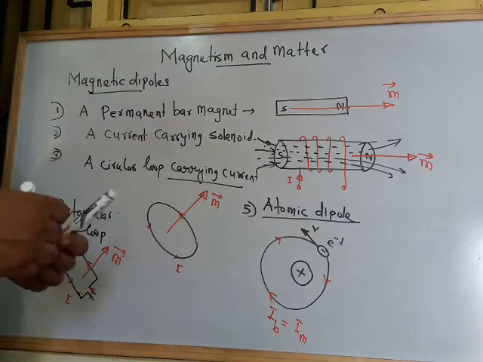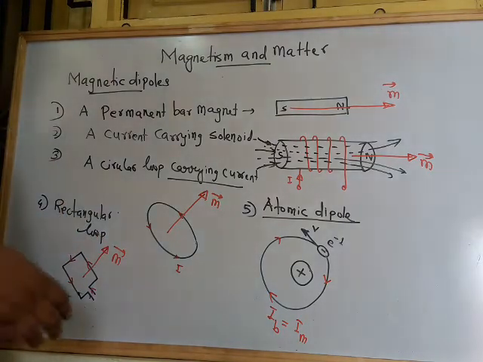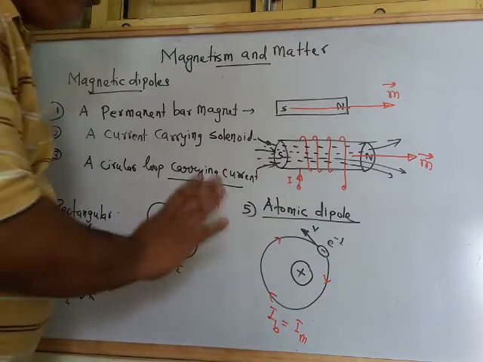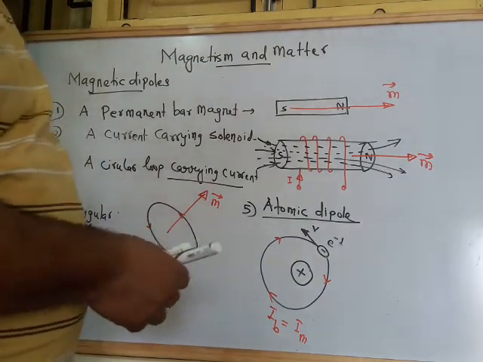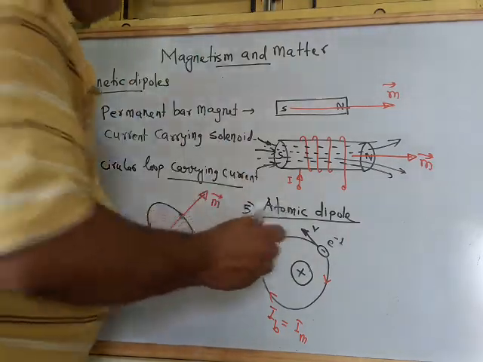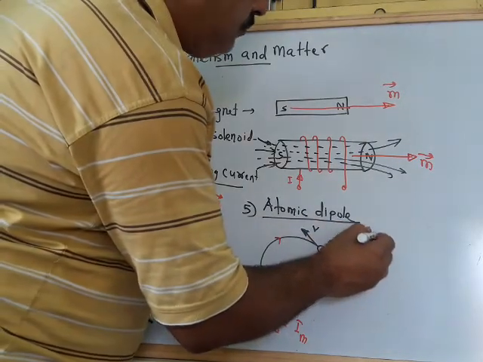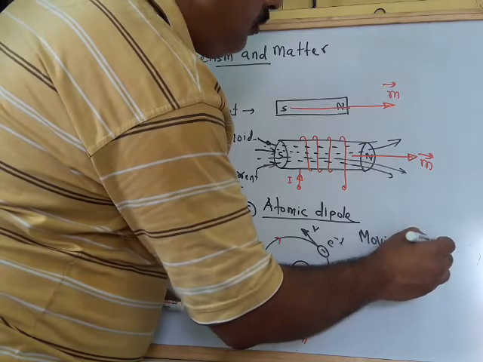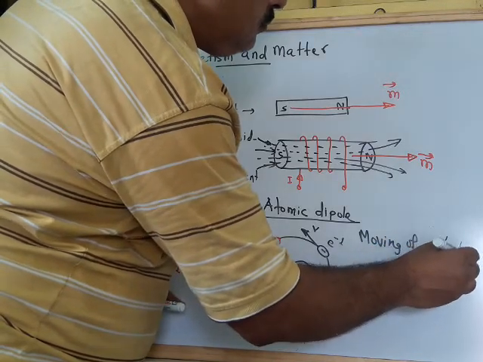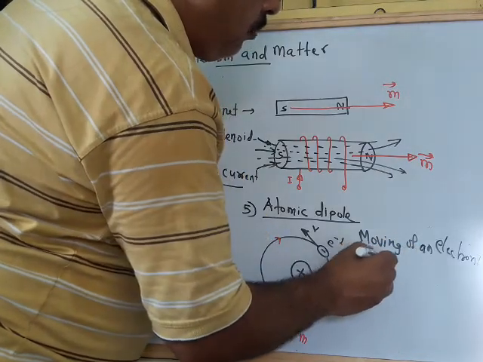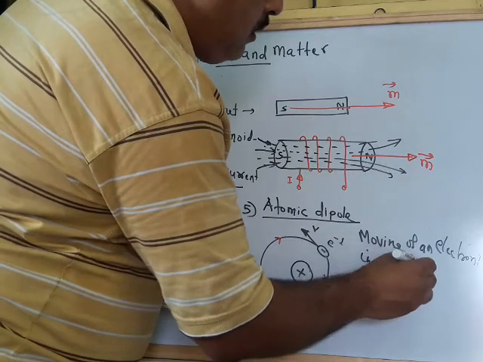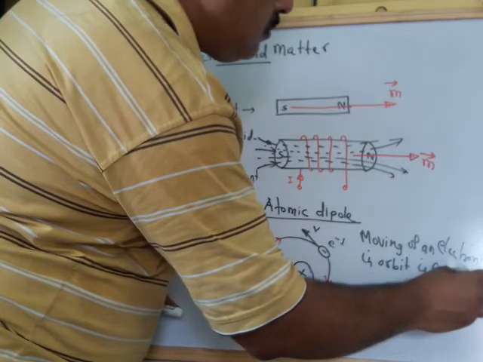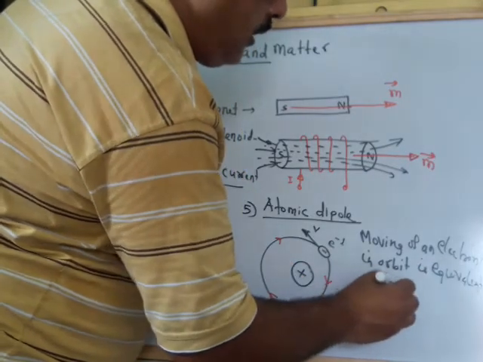This current is also the magnetizing current, because you know that the moving of an electron in an orbit is equivalent to a current loop.